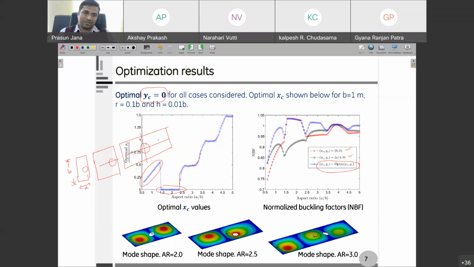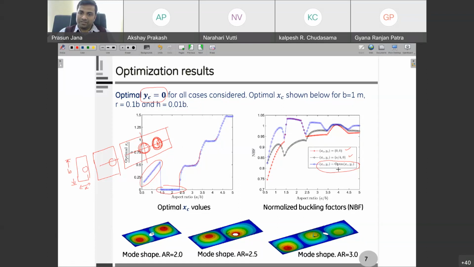For all aspect ratios, you put the circular cutout at this particular location and see what the buckling value is. Then you put it at the center and see the buckling value. And then you put it at the optimum location which we obtained through this optimization scheme.